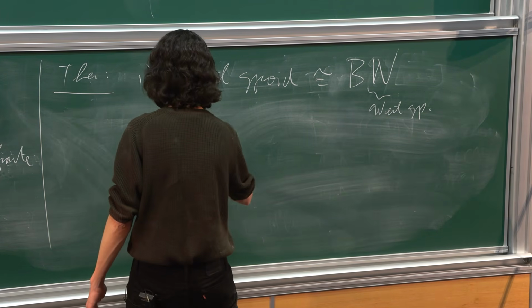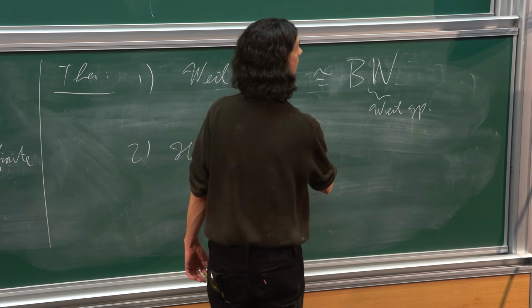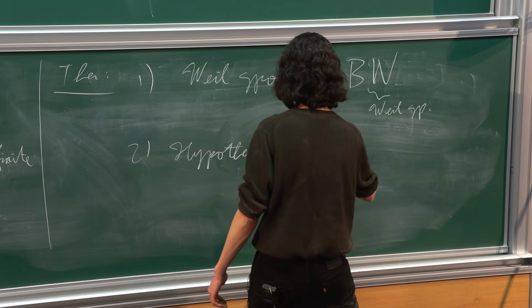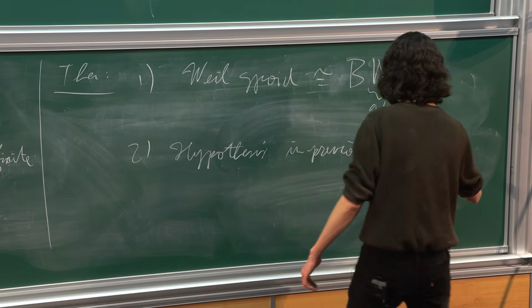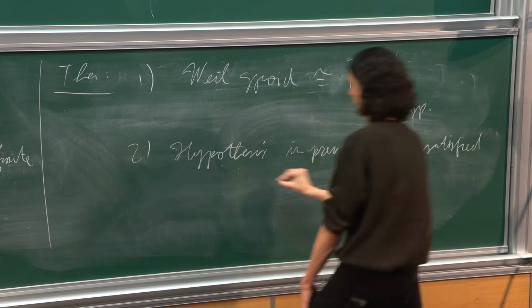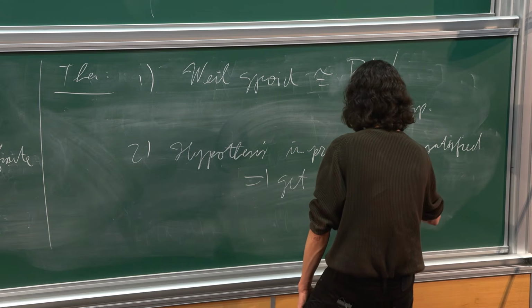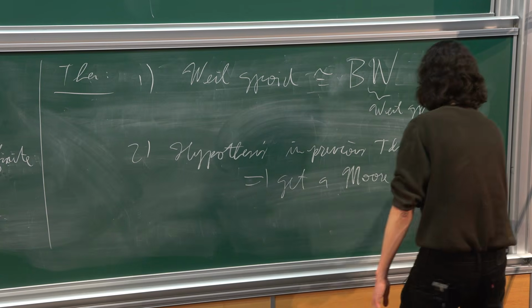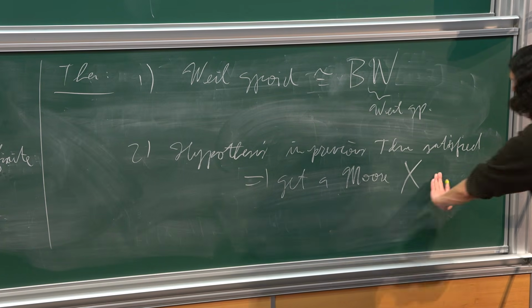And the second thing is that the hypotheses in the previous theorem are satisfied. So you get a Weil Moore anima, mapping to BW.